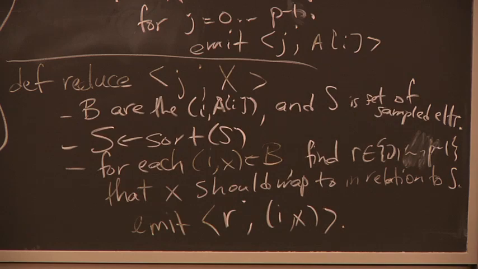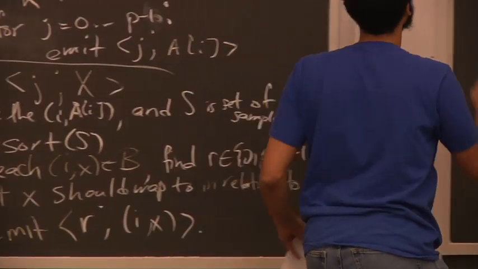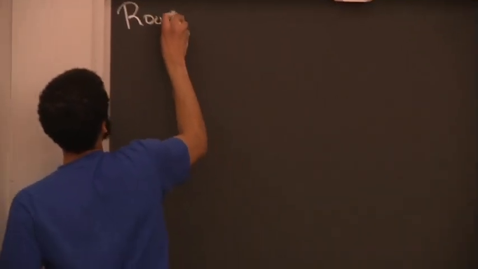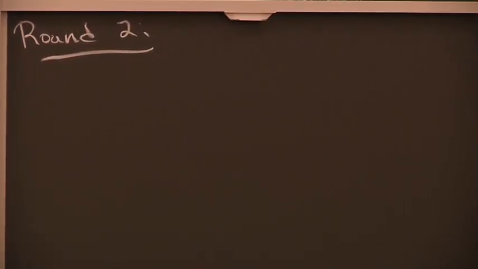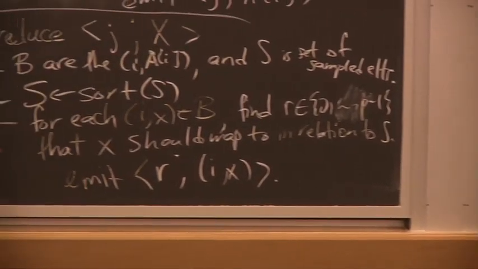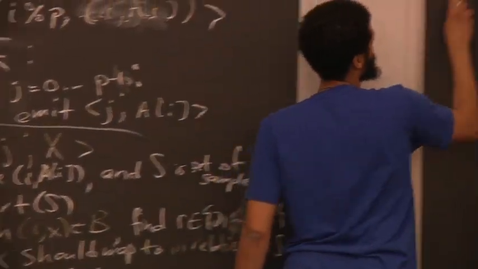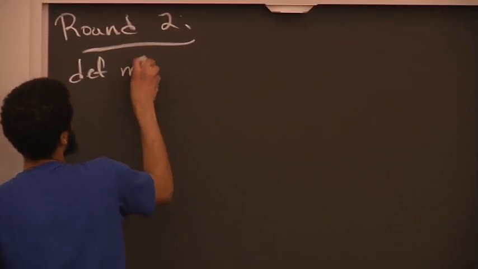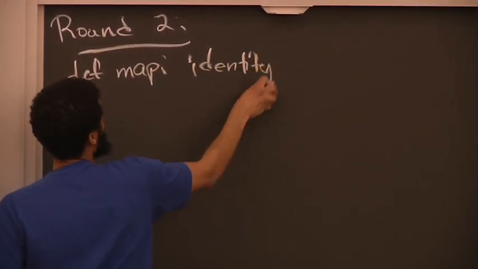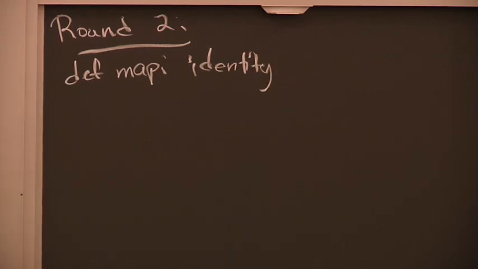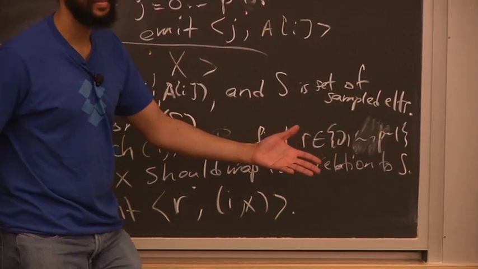Right, so now there's round 2. The input to round 2 is the output of the reducers from round 1, so it's all these r comma (i, x)'s. So what's the map function? It's just the identity function. Map doesn't do anything in round 2. It gets as input an r comma (i, x), and it just spits it back out.